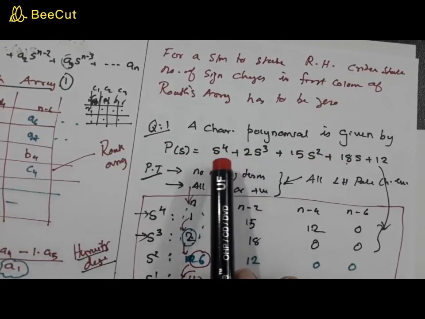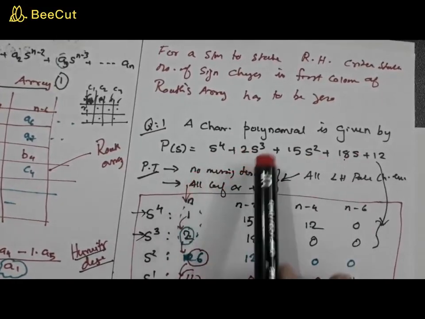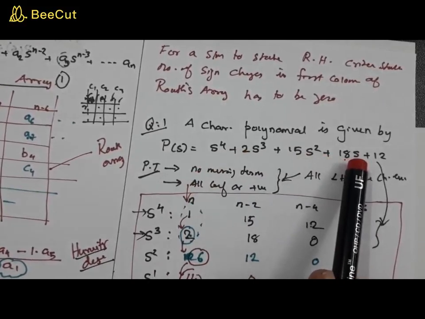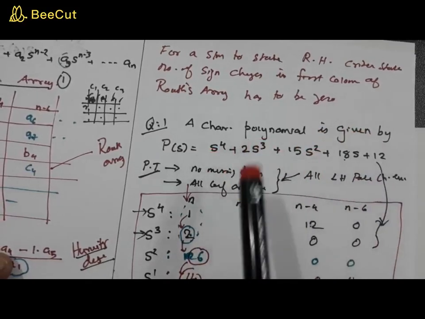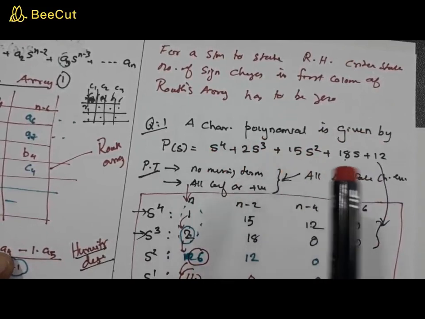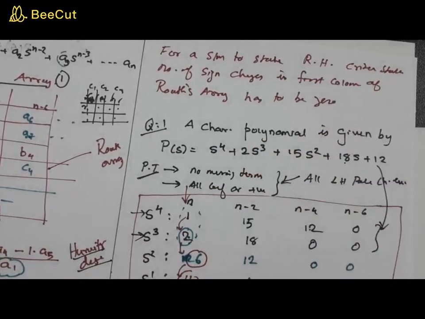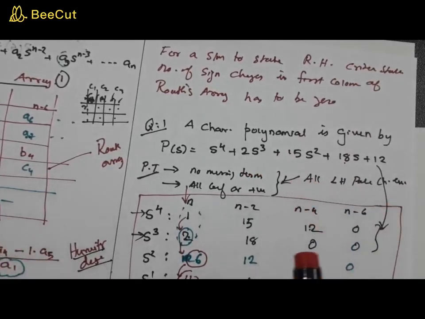Two things are to be noted: one is no missing terms in between, and all the coefficients have to be positive. So I told you, again I'm emphasizing that point, that because of this fact it doesn't mean that this particular polynomial has all its roots on the left half. So you need to do this RH criterion, but you can say a statement in the reverse order.